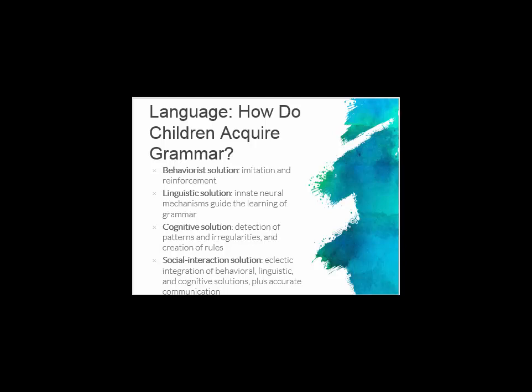So Chomsky basically said that we have a language acquisition device in our brains that we're born with. And this device contains some information about the structure of language that makes language acquisition possible. So he thought that language learning is special because children have innate knowledge of a set of principles about language. And he called this universal grammar.